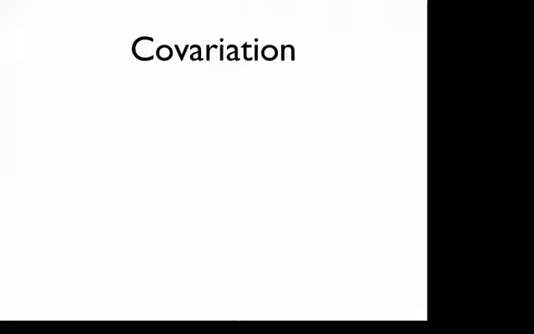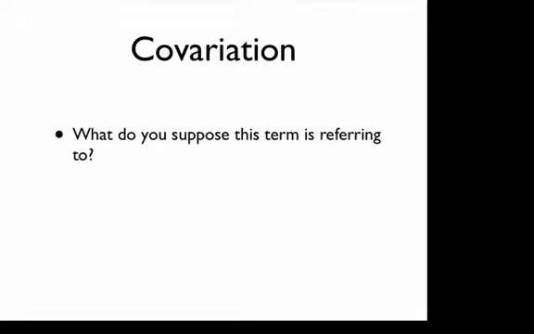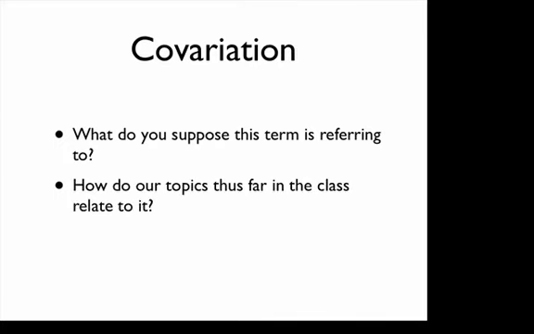What do you suppose covariation means? When two quantities vary together. Okay, when two quantities vary together. Yeah, right on the money. So when two quantities vary together, how do our topics thus far in the class relate to it?